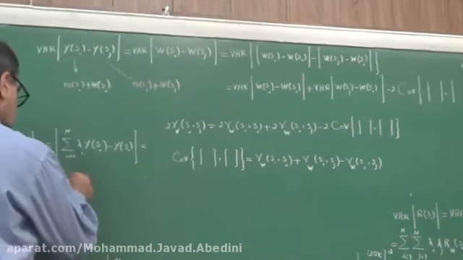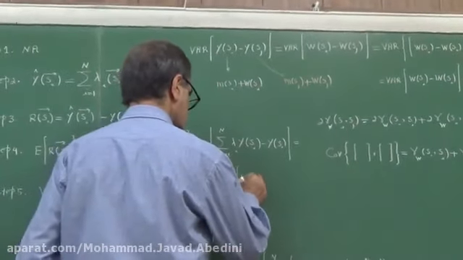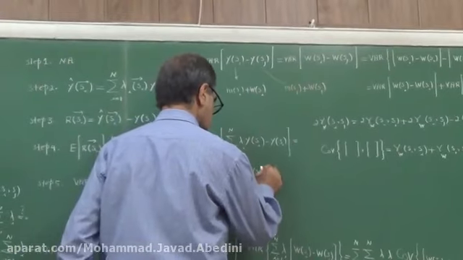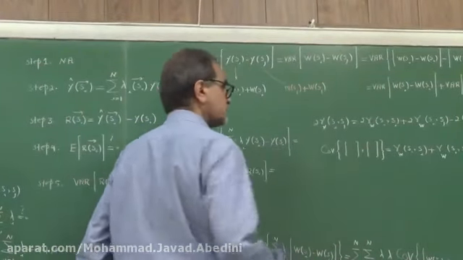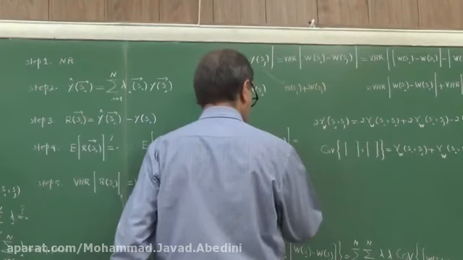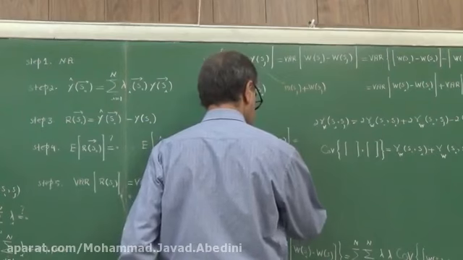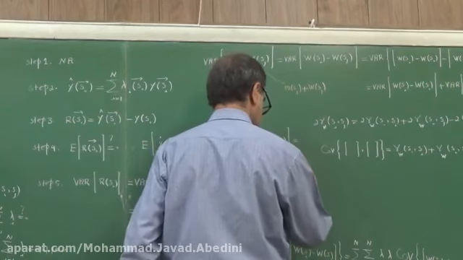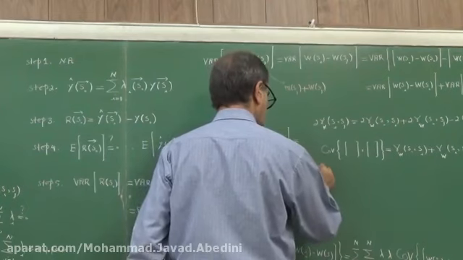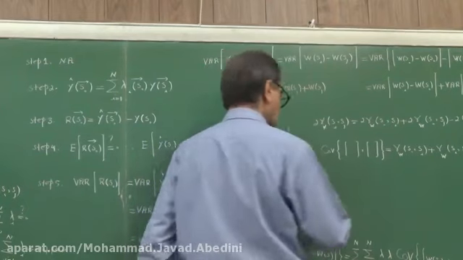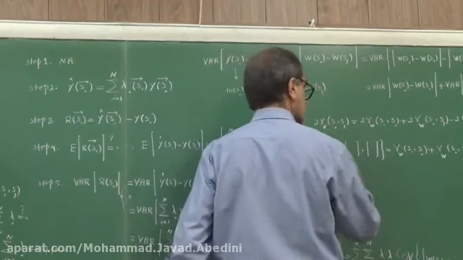Therefore, variance of residual can be written as double summation lambda i, lambda j, and then you have to replace this with what you have here.